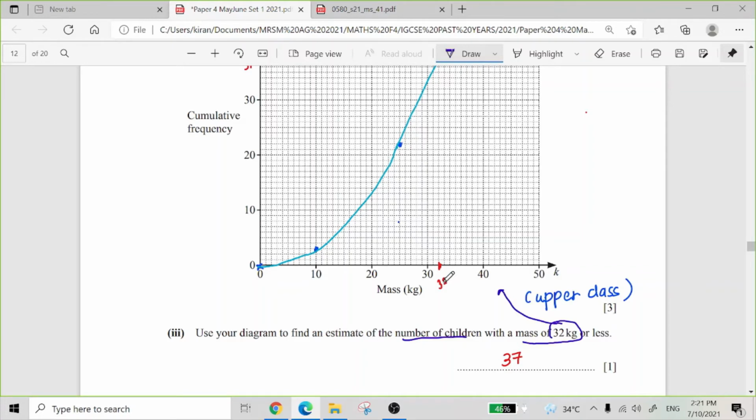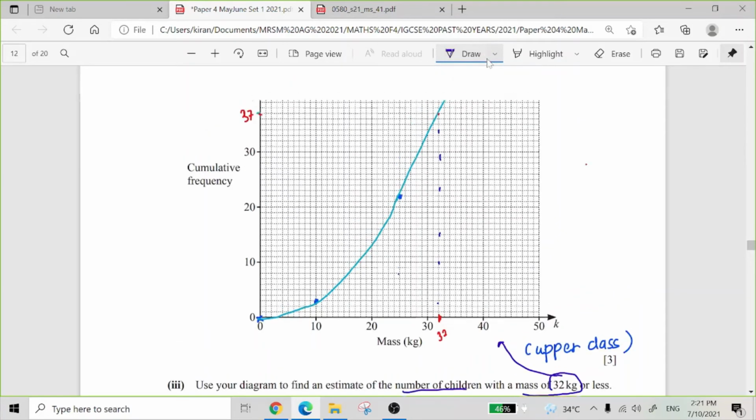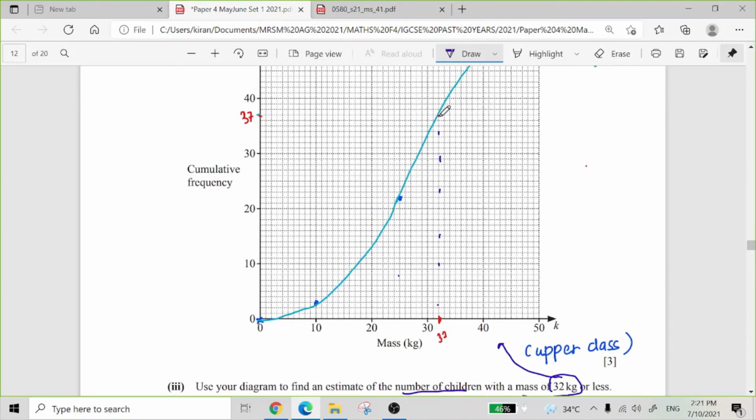So we find 32 kilograms, and we make a dotted line here until we touch the graph. Okay, and then we can see the number of children on the y-axis. Okay, so I got here 37.